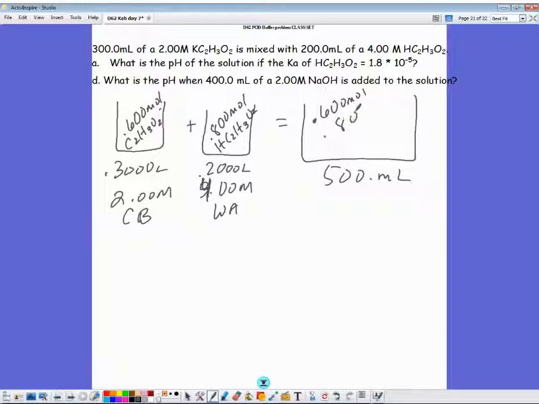And so I look at that, and that's where we say, what do I have? I have a buffer, because I have a conjugate base with its weak acid. And then I have to say, how do I ever solve for the H plus of a buffer, or the pH?